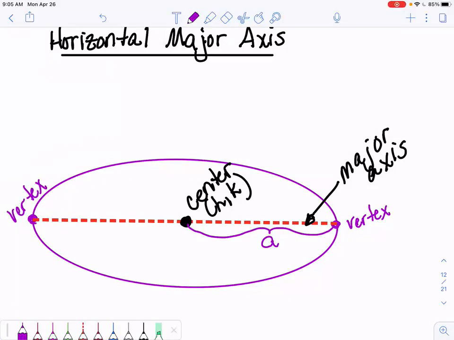To find the vertex of the ellipse, you're going to take the h value and add that distance of a to it. Then I will know where to place my vertex, either on the left or the right. So I would either add or subtract the distance of a to get my two vertices.